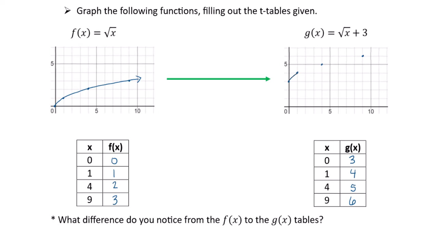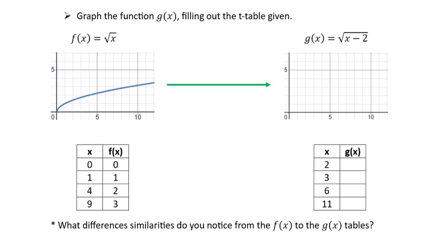You can see here the graph of this function, and it is the same as the f of x function, just moved up 3 points. So the difference is that every y is 3 units higher than the graph that came before it.